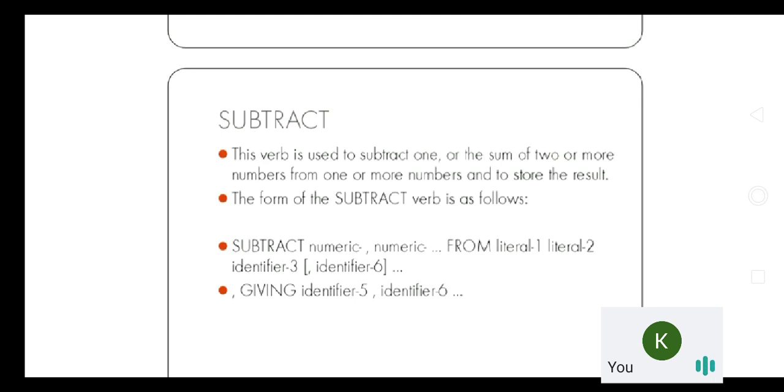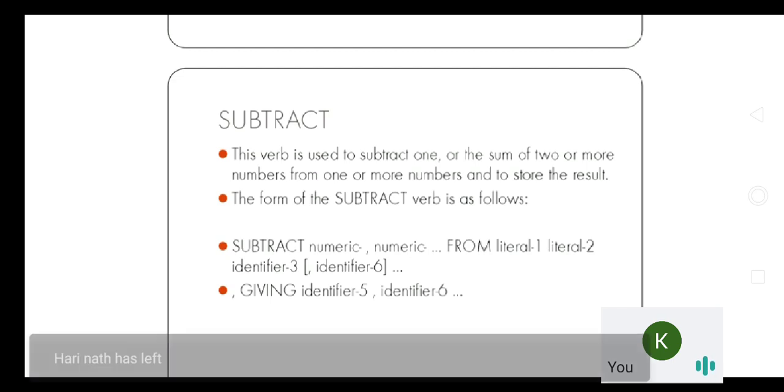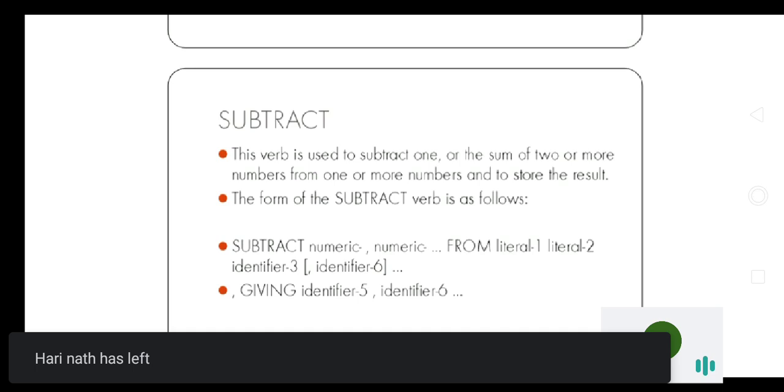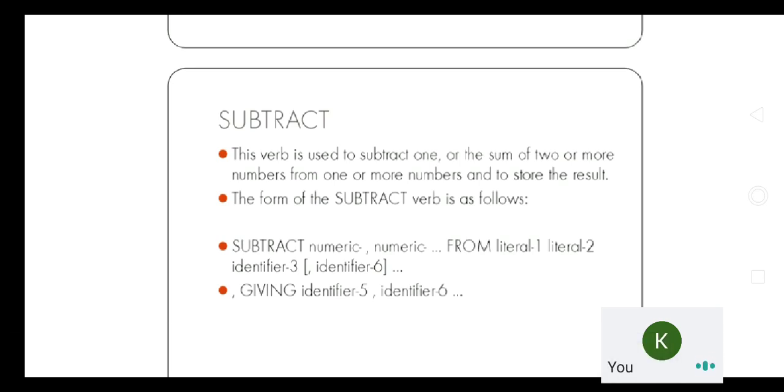For example, suppose an identifier has the value 8, and you have two more identifiers, the second being 2 and the third being 6. I'm using three identifiers here: A, B and C. A consists of 8, B consists of 2 and C consists of 6.